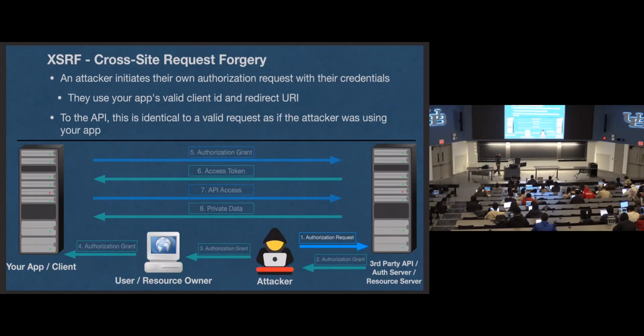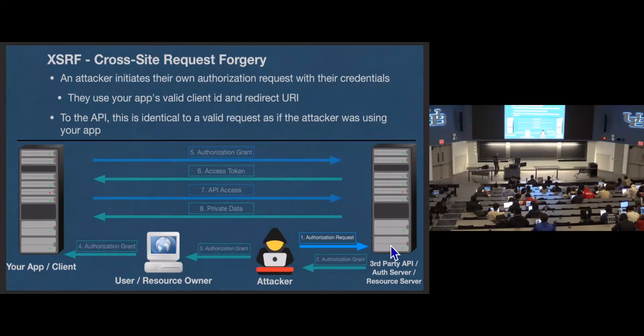And what they're going to do is either legitimately click the button on our app, or just look at all the information and handcraft their own request to the API. They're going to initiate an authorization request for our app. So it's our app, our client ID, the app that they're targeting, our redirect URI, but their credentials.